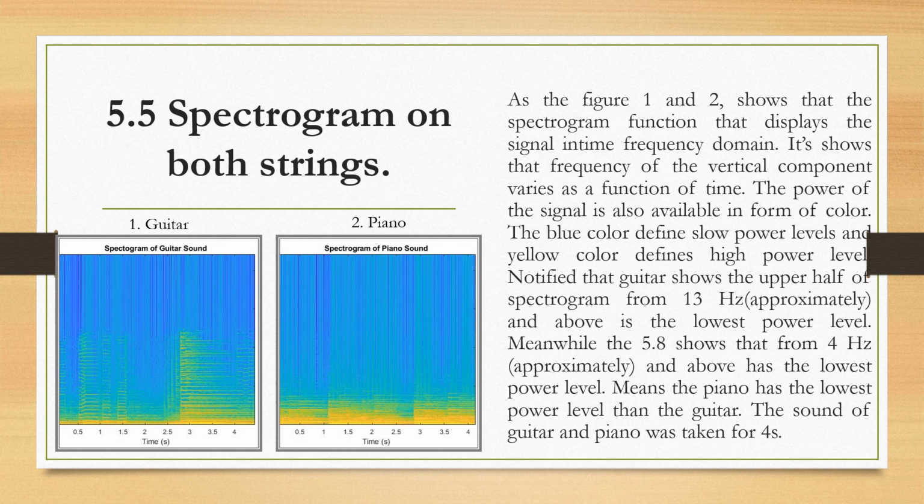Meanwhile, the piano shows from approximately 4 Hz and above has the lowest power level. This means the piano has a lower power level than the guitar. The sounds of guitar and piano were taken for 4 seconds.